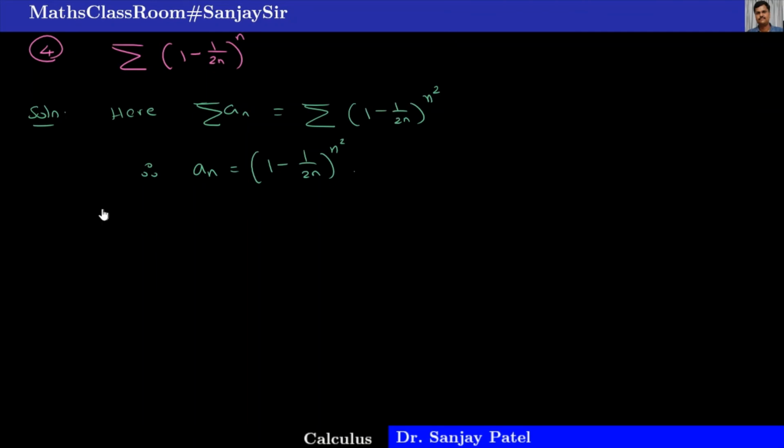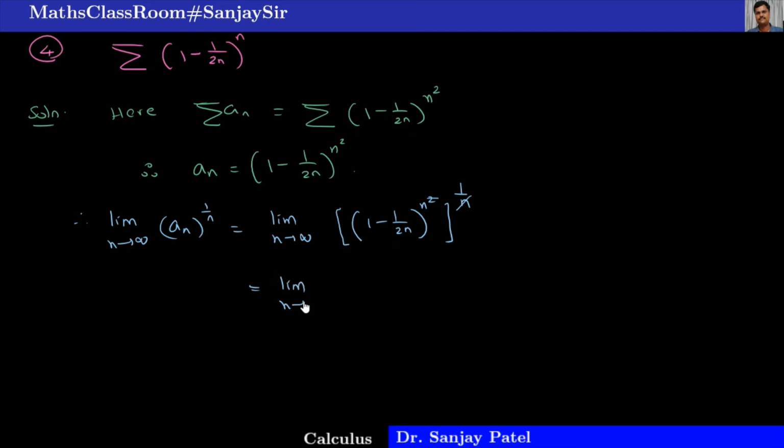So the limit of the nth root of an, that is limit n tends to infinity an raised to 1 upon n, will be limit n tends to infinity 1 minus 1 upon 2n raised to n square, and this raised to 1 upon n. So this n will be cancelled, and what we'll get is limit n tends to infinity 1 minus 1 upon 2n raised to n.